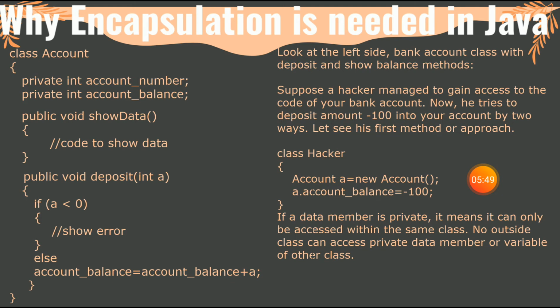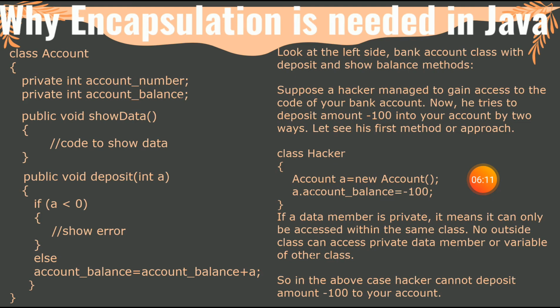So look, data members are private. That's why the hacker will not be able to deposit minus 100. So in the above class, a hacker cannot deposit an amount of minus 100 into your account.